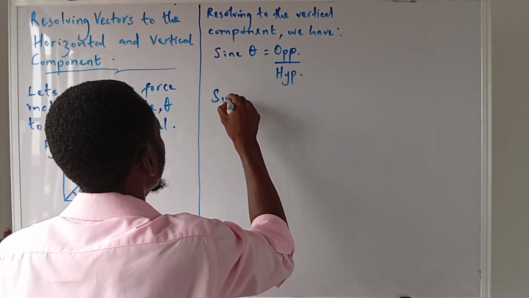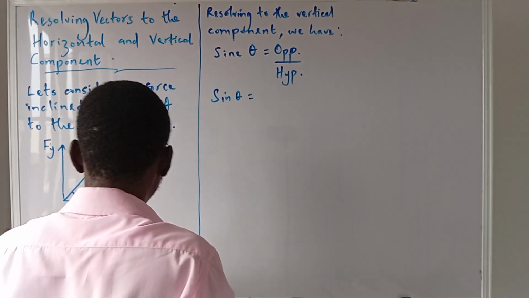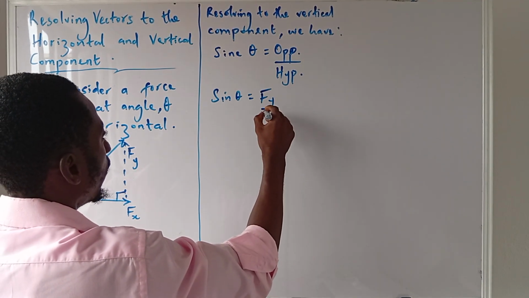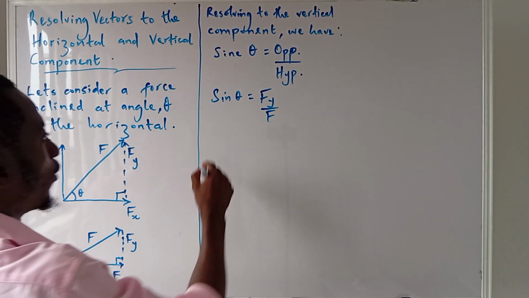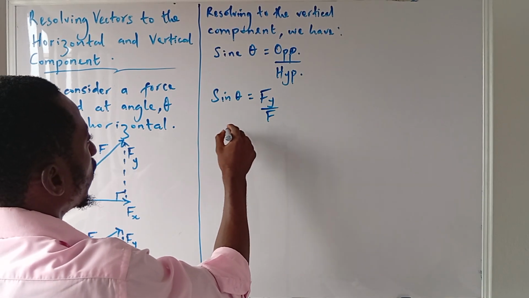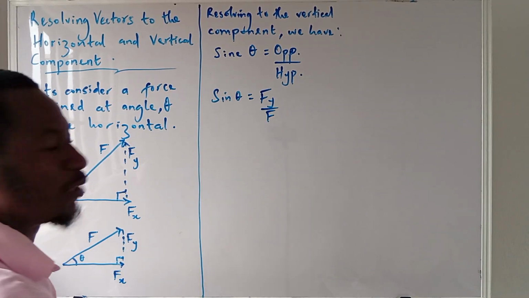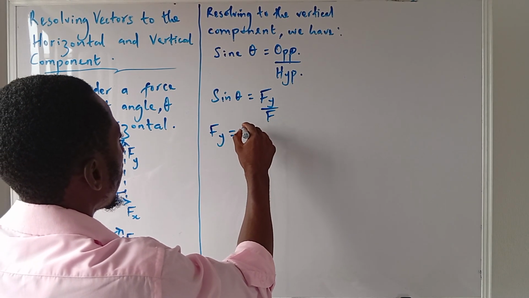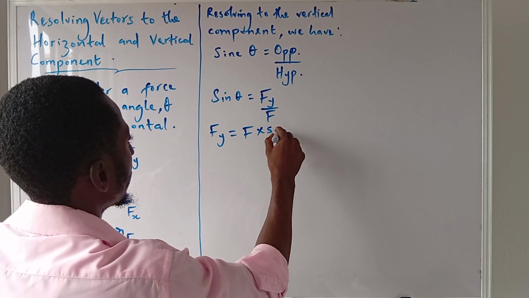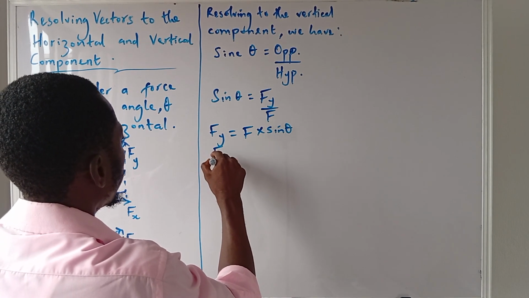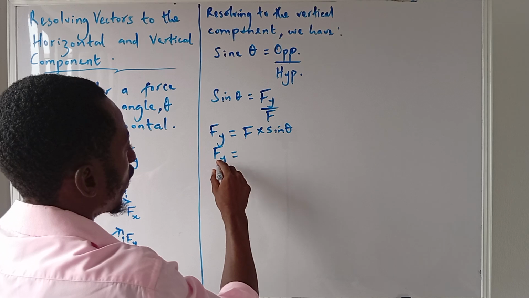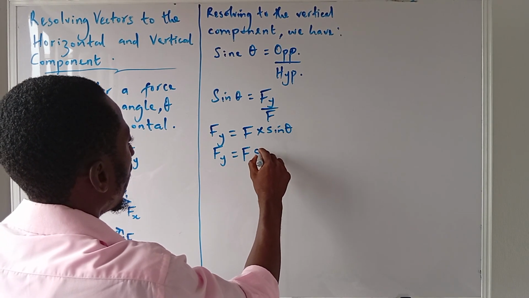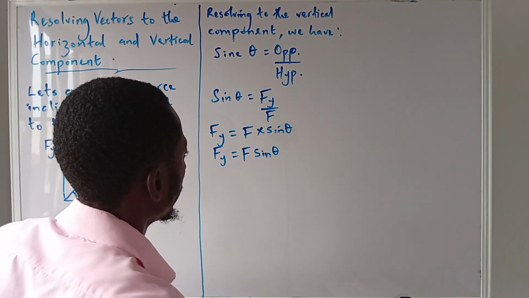Therefore, sine theta is going to be Fy divided by F. Then we cross multiply. Once you cross multiply, Fy will be made the subject of the formula. Therefore, Fy is equal to F multiplied by sine theta, which is your vertical component of the force: F sine theta.